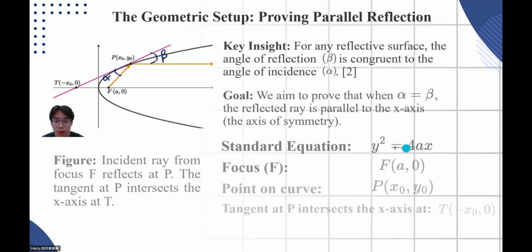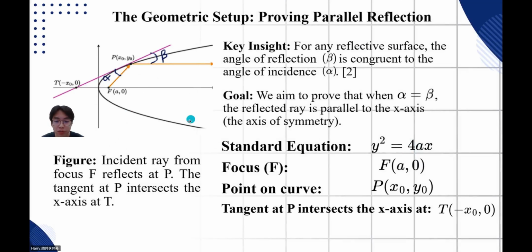Now let's look at the main part of my project, the reflective property proof. First, we see this figure. Imagine a ray of light starts at the focus F(a, 0) and hits the parabola at the point P(x0, y0). We want to prove that after it reflects, the light goes perfectly parallel to the x-axis.